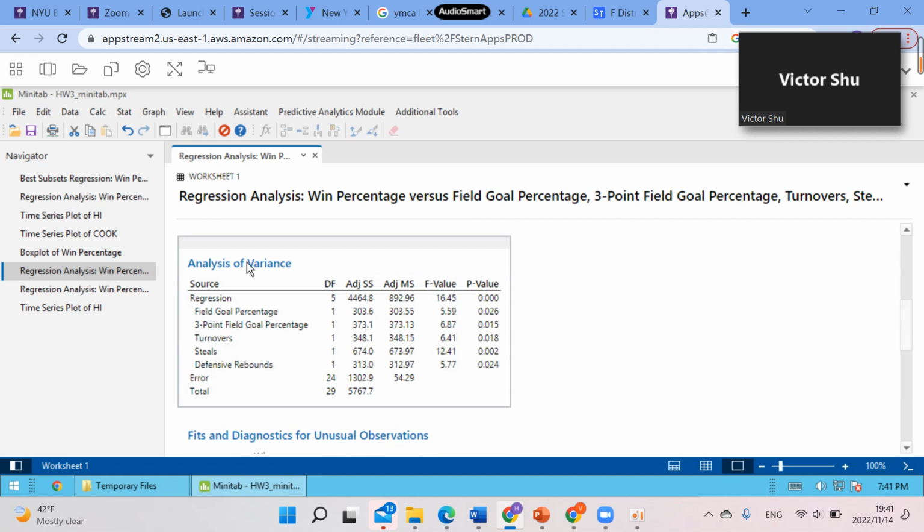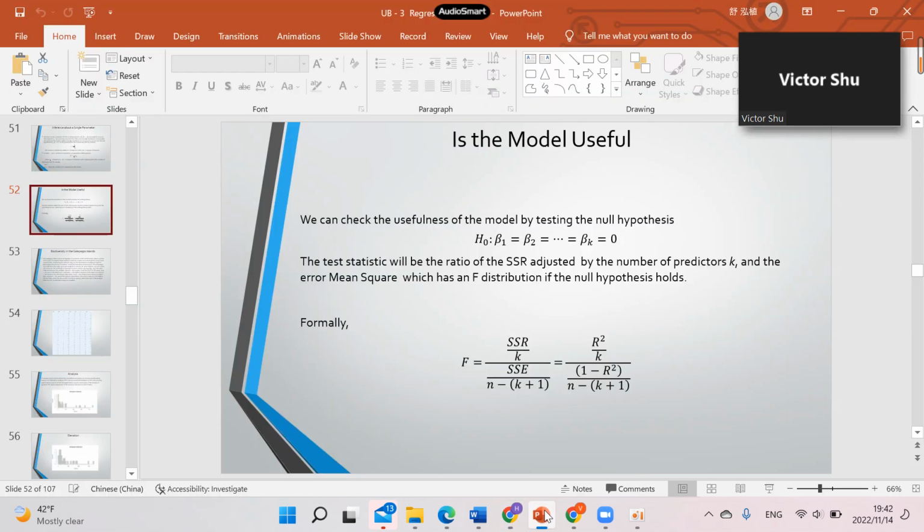From this output, analysis of variance, look at the first row. That's the regression with a p-value of 0, and it has an F value. That F value comes from the F-test. Basically, my null hypothesis is all the betas equal 0, like none of my predictors actually help to predict the response.